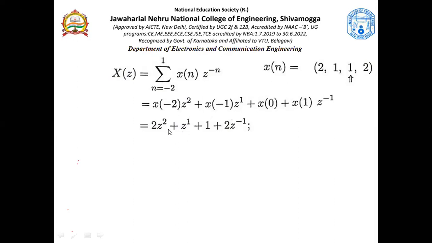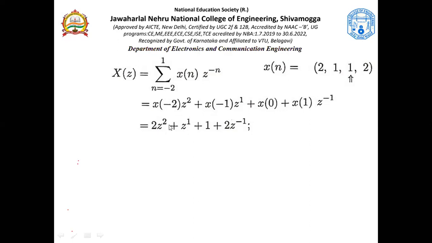See, if you consider these two values, when z is equal to infinity, x of z is infinite. If you consider this value, this z inverse means it's 1 by z. So when z is 0, this will make it infinity. When these z's are infinite, they will make x of z infinite.